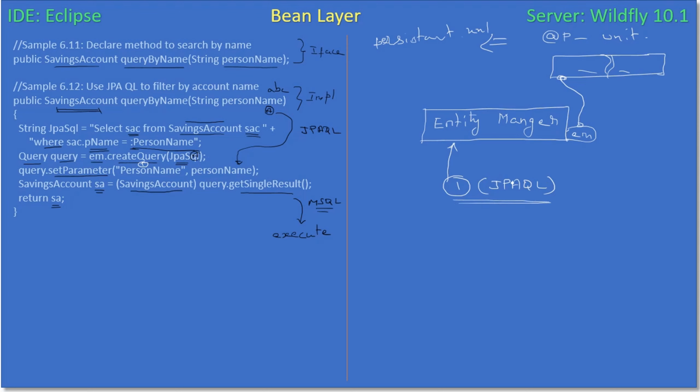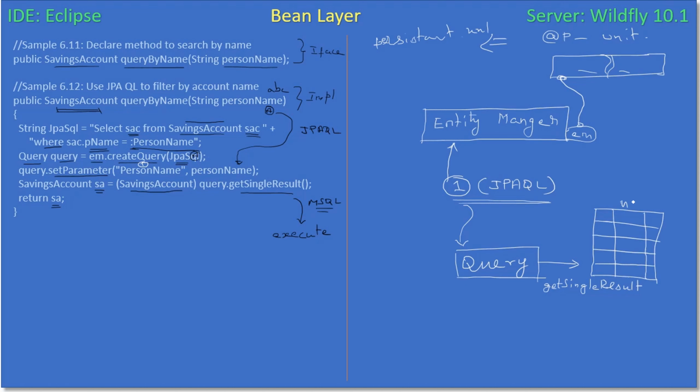Here actually it will create a query instance and give it to us. So the create query, this one represents the create query method. We pass JPAQL, we get back a query, then in the query we make a call to get single result, and this get single result will perform a scan on the database. So this is the name field, right?